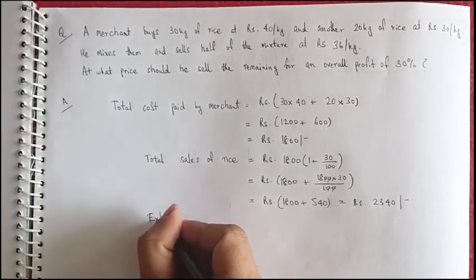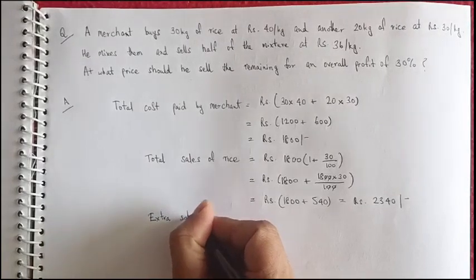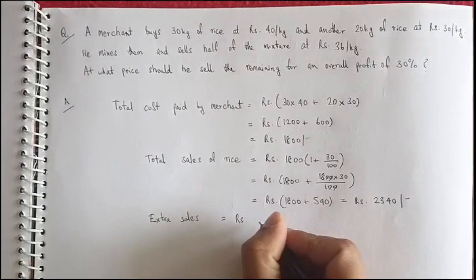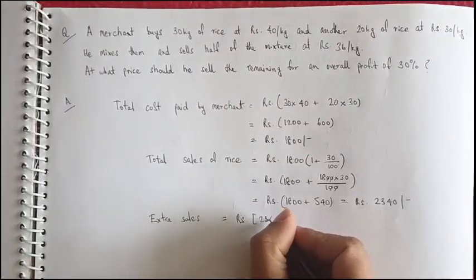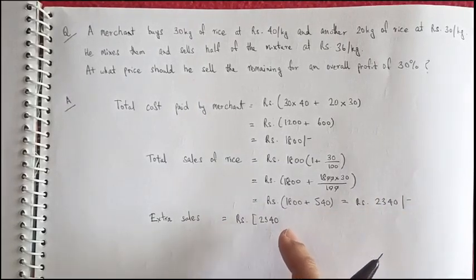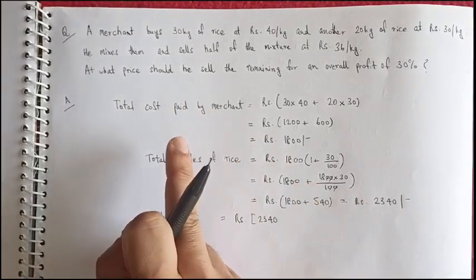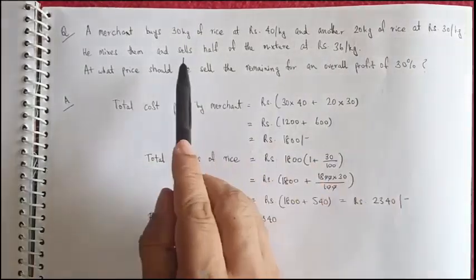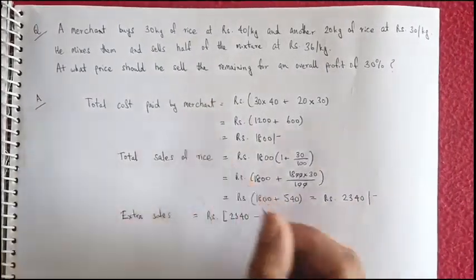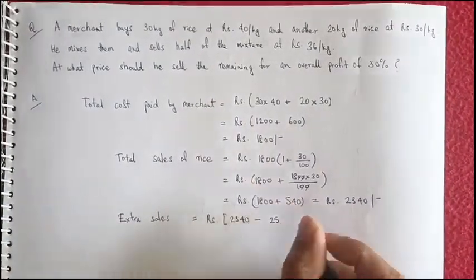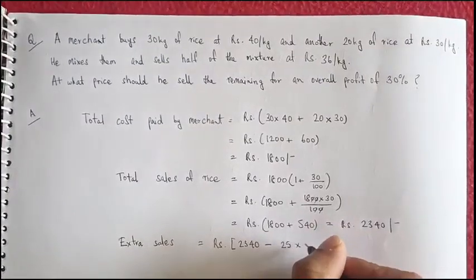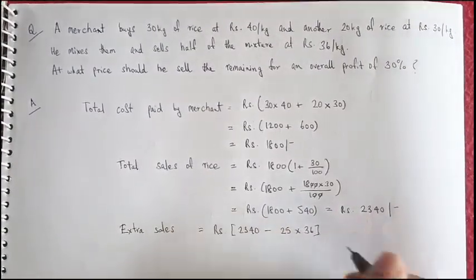So extra sales needed is rupees. So 2340 is what he has to achieve, right? And we deduct from this the money he has already got from selling half of the rice at 36 rupees per kilo. So minus 25 kilo, 30 plus 20 is 50, half of that he sold, so 25 kilo into 36, right?